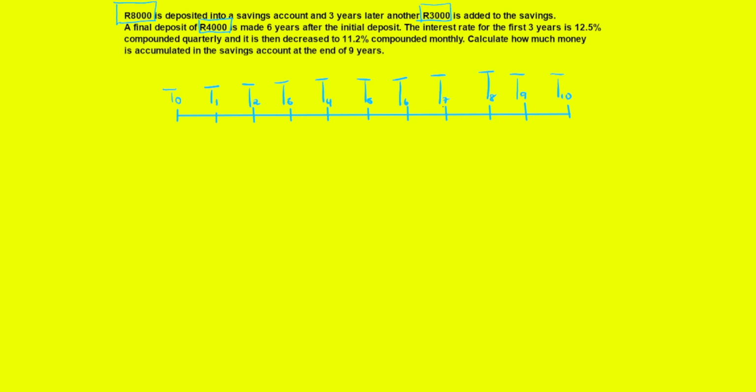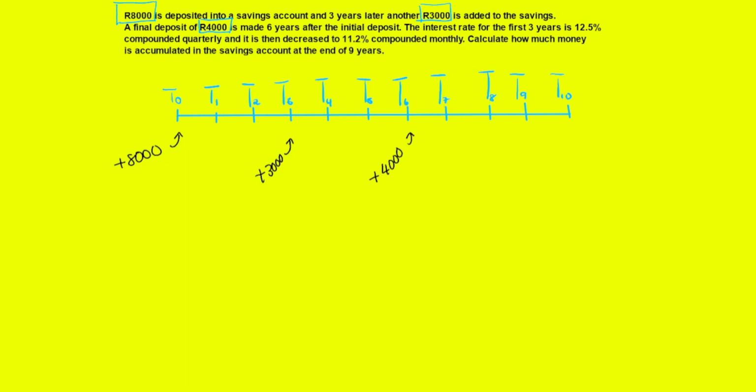We have to go ahead and add that on our timeline. The initial, which is T0, was 8,000. 3 years later, we added 3,000. And then 6 years after the initial deposit, we added 4,000.